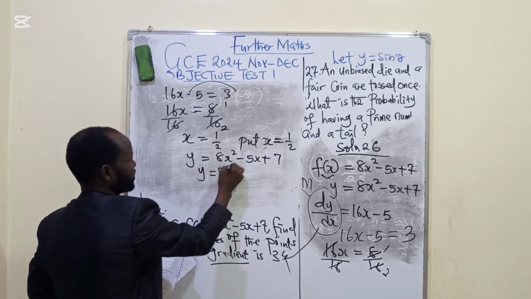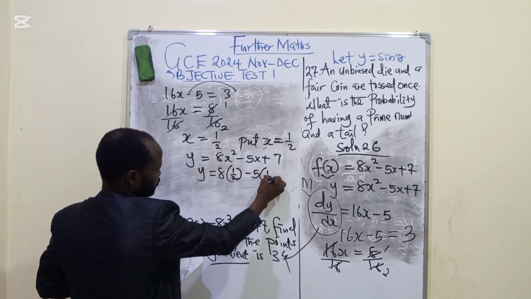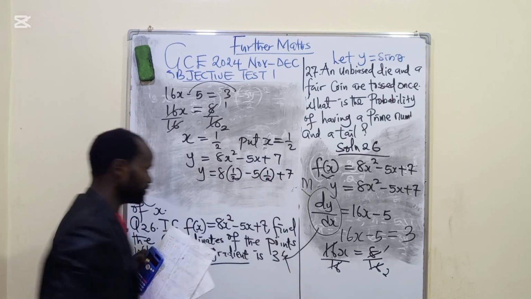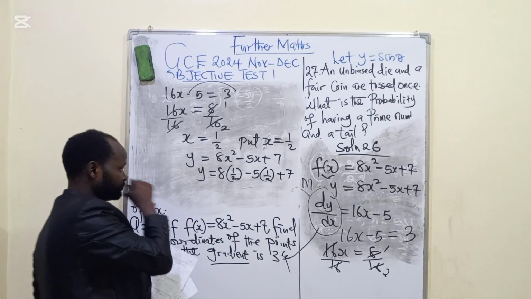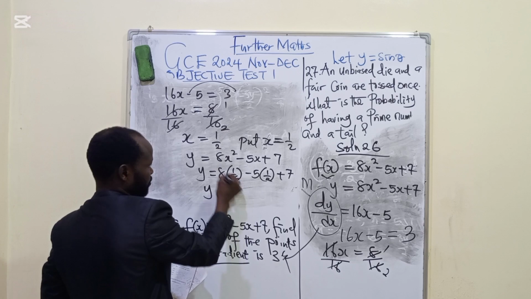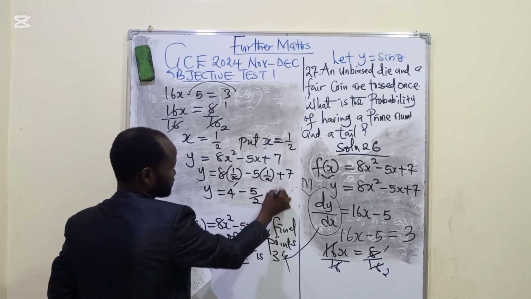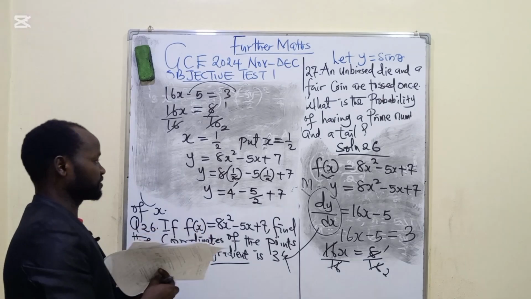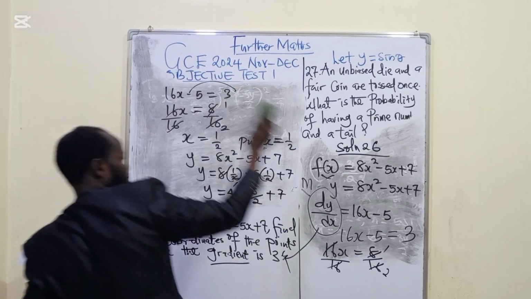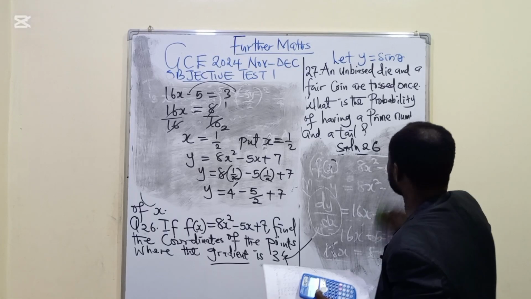Y now will be equals to 8 into half squared minus 5 into half plus 7. Sorry for that. Y now will be equals to 2 here, 1, 2 here, 4 minus 5 divided by 2 plus 7. Very important. Let's simplify this. Let's move here and see what we'll get.